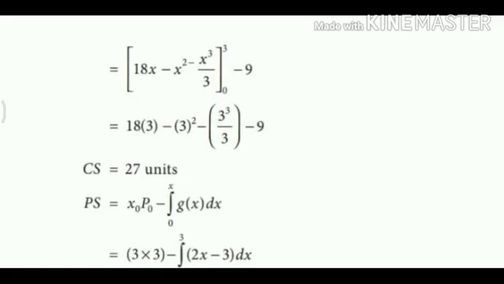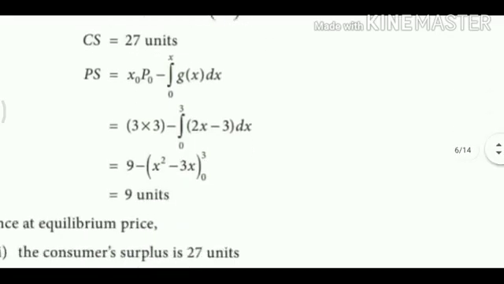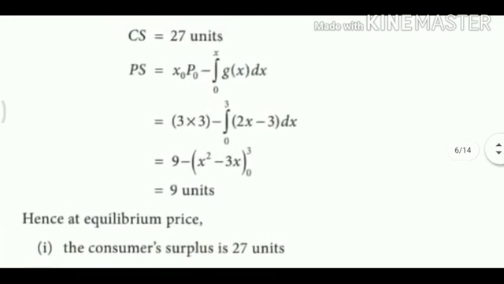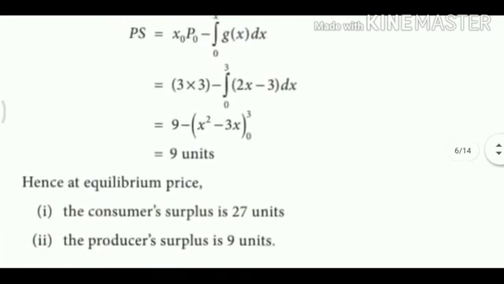Now we are going to calculate PS, that is the producer surplus. The formula for producer surplus is x naught P naught minus the integration from 0 to x naught of g of x dx. Here the value of x naught equals 3 and P naught is also 3. So 3 into 3 minus the integral from 0 to 3. The g of x is given in the question, that is PS, 2x minus 3 dx.